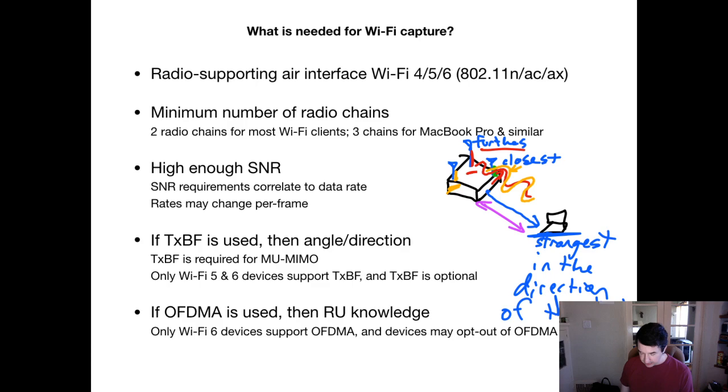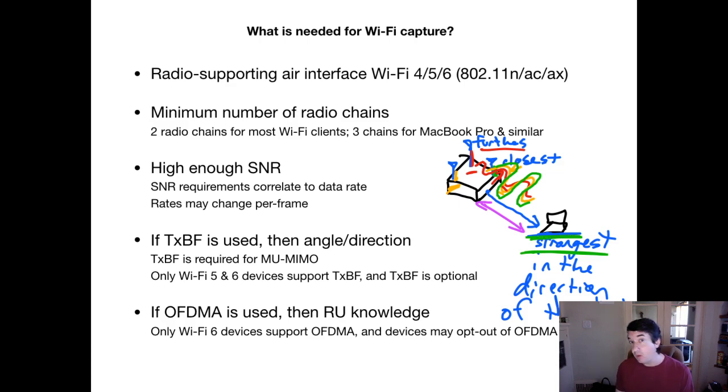And the valley of the orange antenna is at the same time as the valley of the red antenna. And then the same thing is going to happen for my closest antenna, for my little green antenna. Again, peaks at the same time, valley at the same time, peak at the same time, valley at the same time. And the end result of all this is I get the strongest signal possible in the direction of the client.